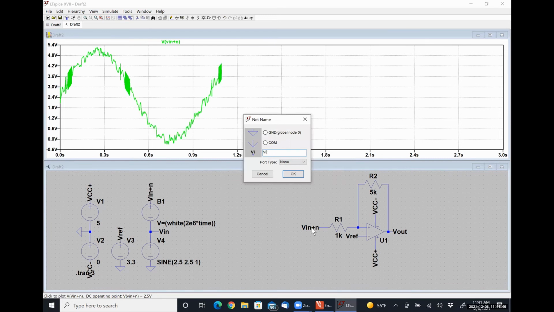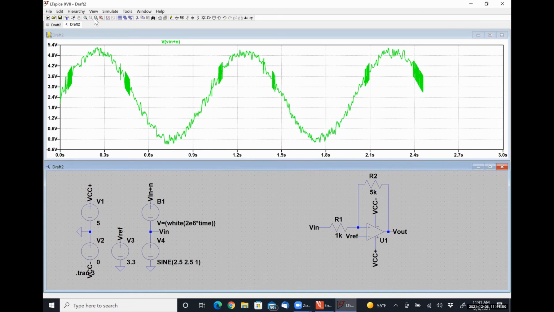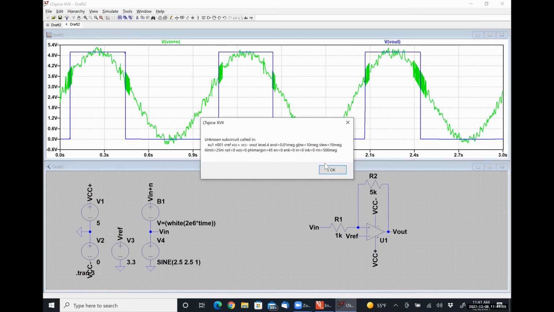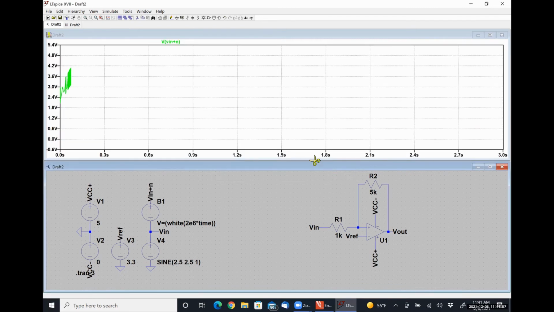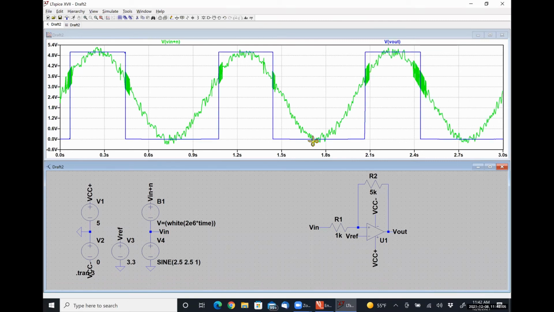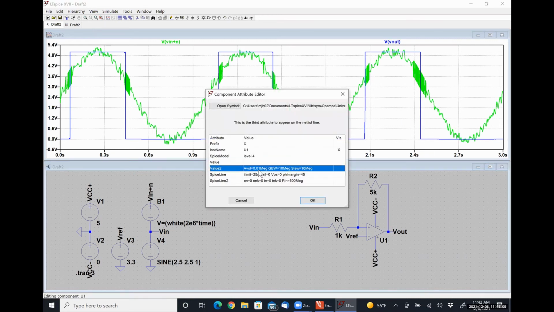Let me see what happens if I change this to just VN. I think it might not like the fact that I have a plus sign in one of my labels. Nope, still doing it. I'm not sure what exactly is going on in here or which of the subcircuits it's saying that it isn't particularly caring for, but it's looking like not a whole heck of a lot is changing here.